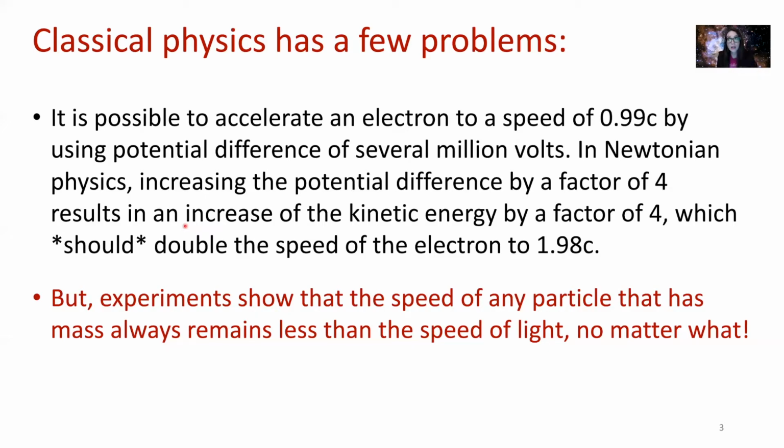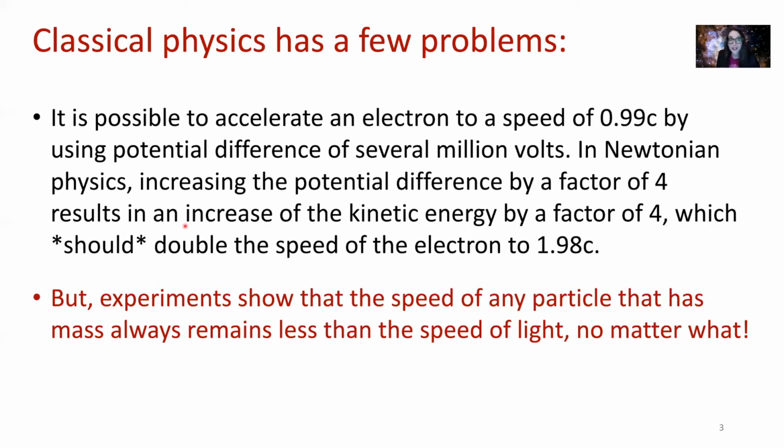If you increase the kinetic energy by 4, you're going to change the speed by a factor of 2, as you've got K is equal to 1/2 mv squared. So increasing our kinetic energy by a factor of 4, we really bump up that potential difference by a factor of 4. We could double the speed of our electron to twice that, the speed of light.